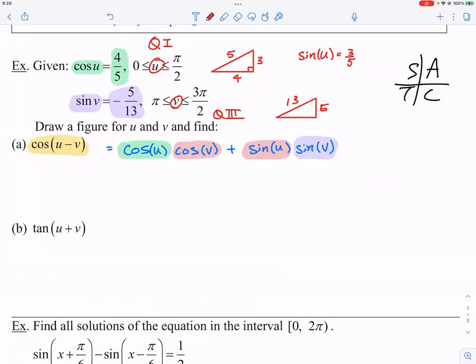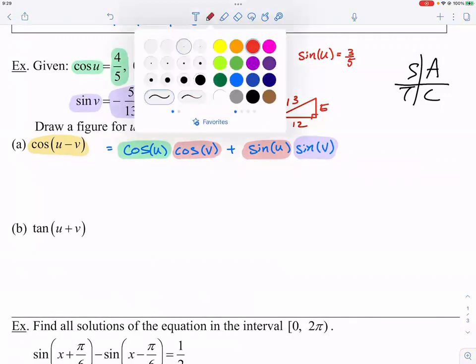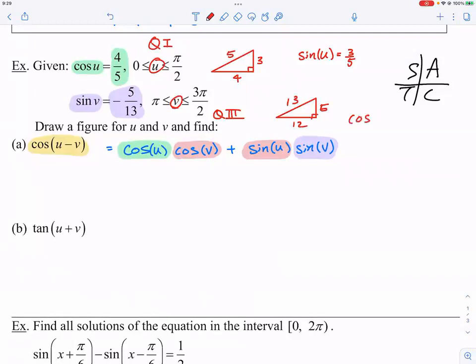So cosine of an angle in quadrant 3 is going to be negative. If the opposite and hypotenuse are 5 and 13, the adjacent side must be 12, one of those Pythagorean triplets. So cosine of V, in quadrant 3 where cosine is negative, is negative 12/13.